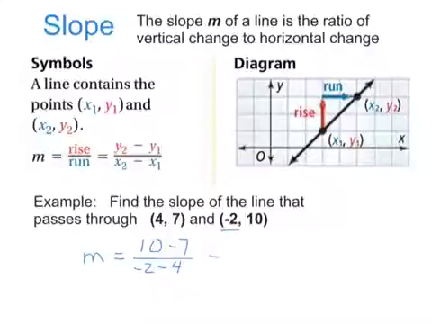So now we can just simplify this. We have 10 minus 7 is equal to 3, and then -2 minus 4 is going to give you a -6, and the last thing to do is to reduce this, and we get -1/2.